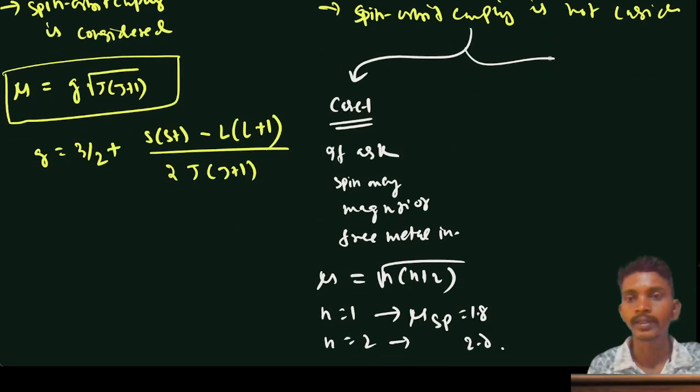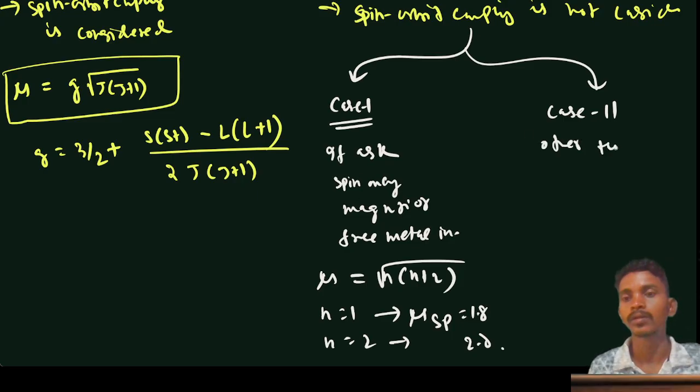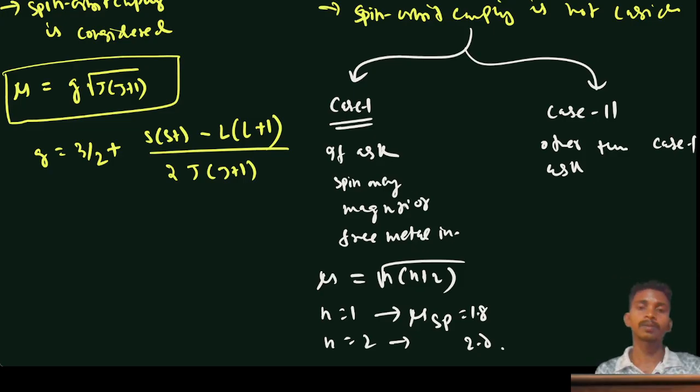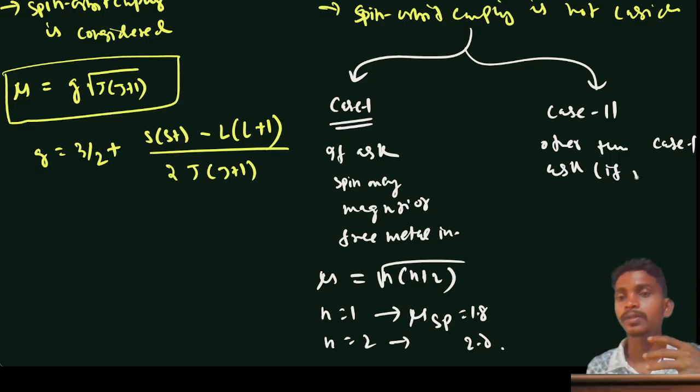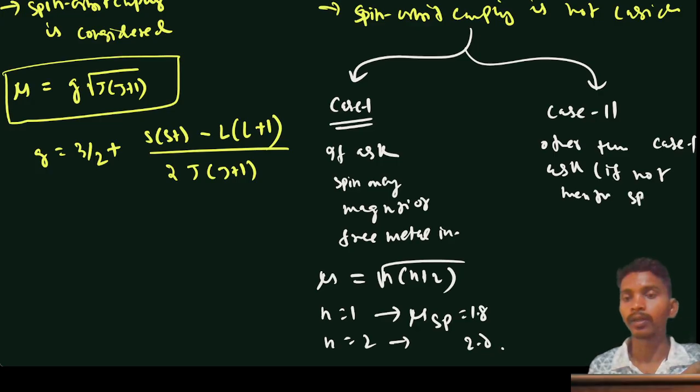And case 2 is if it does not ask otherwise than case 1, means it does not mention spin only magnetic moment or free metal ions.